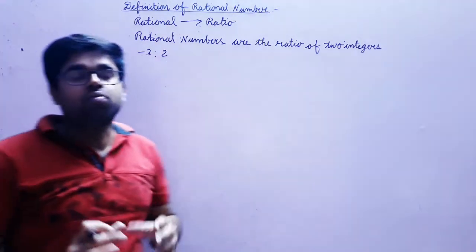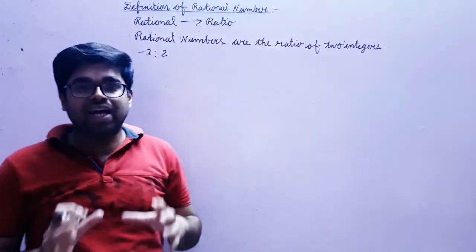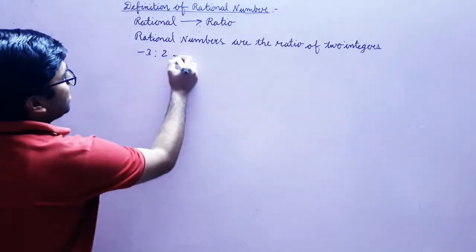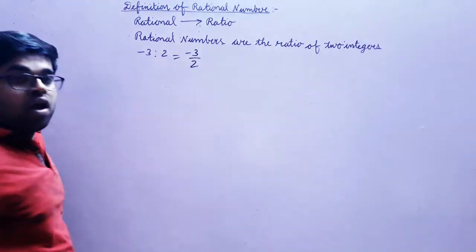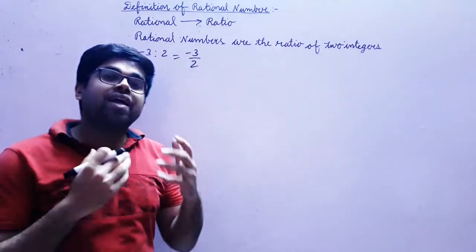Now this ratio minus 3 is to 2, you know that it can be written as minus 3 by 2. Now minus 3 by 2 is a rational number.